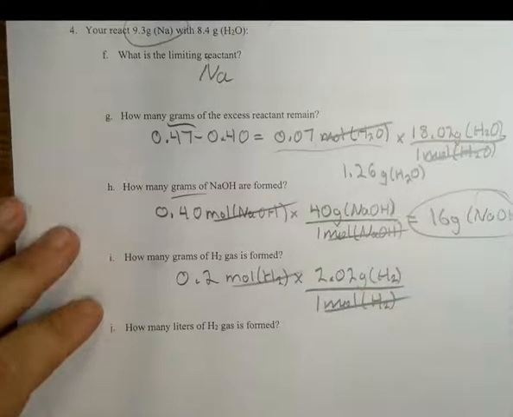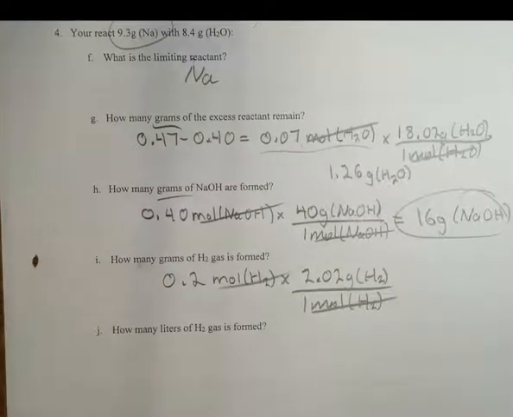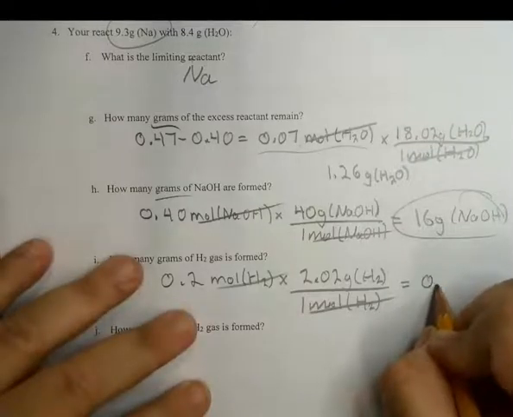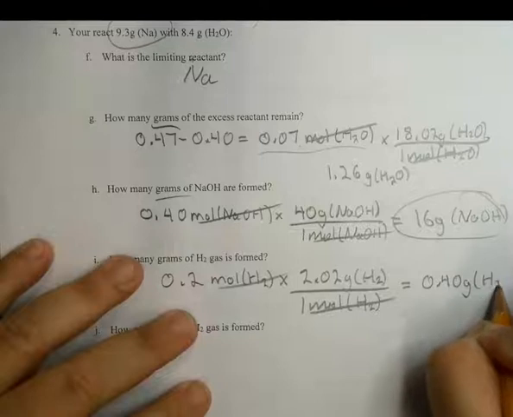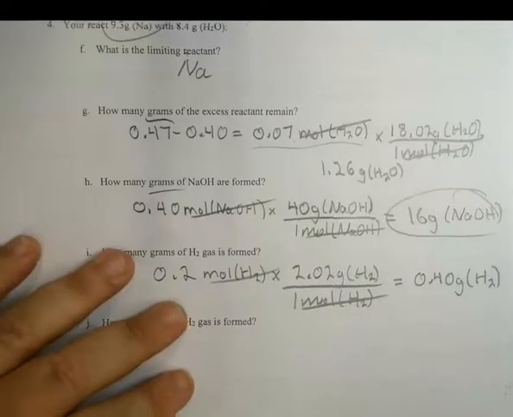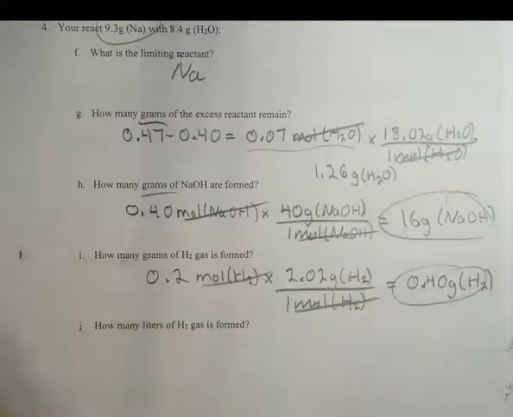And 0.2 times 2.02 is 0.4. I'm just going to give you some decimal numbers. 0.40 is good enough. 0.40 grams of H2 is produced. And that floats off into the atmosphere, or you can light it on fire or do anything you want with it. Okay, there you go.